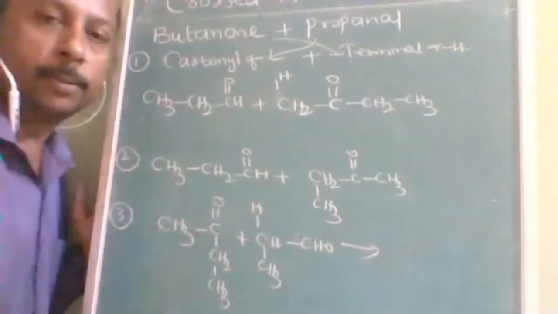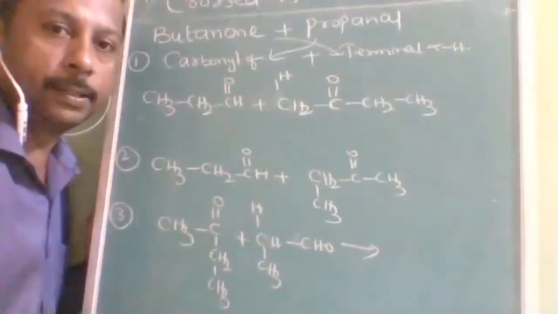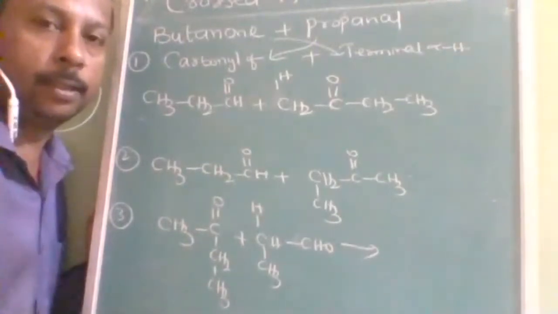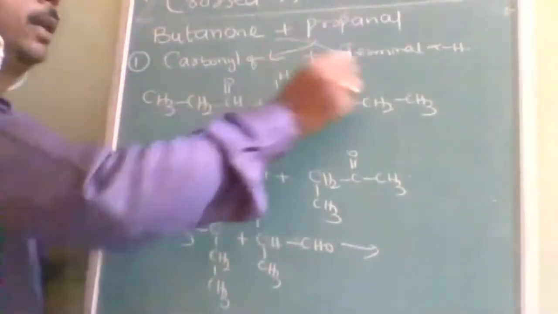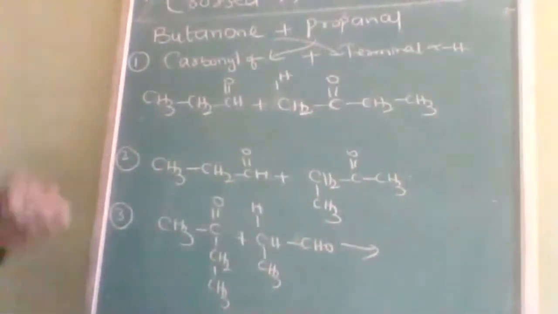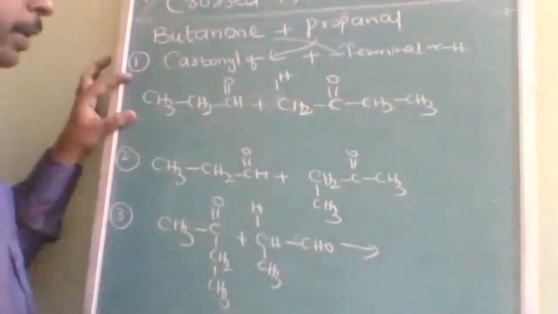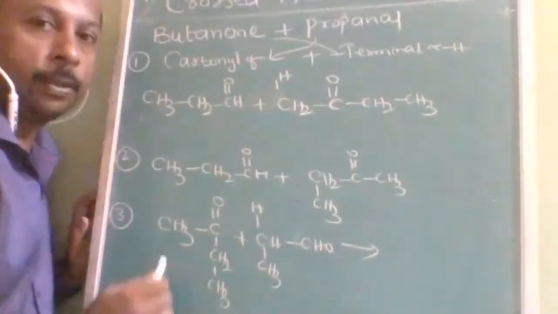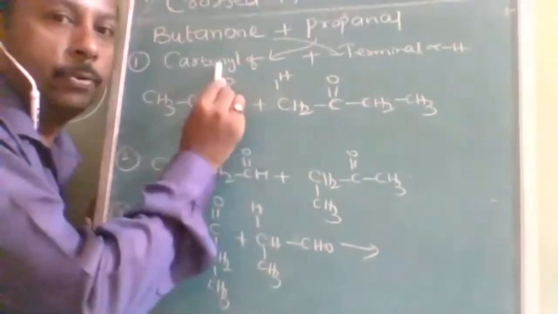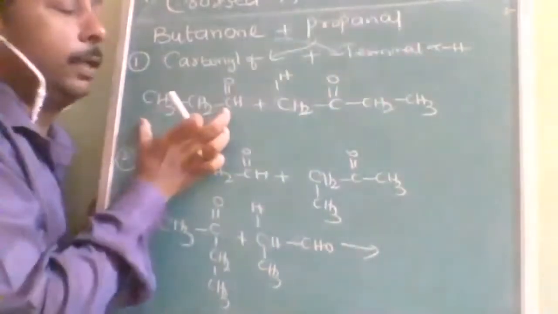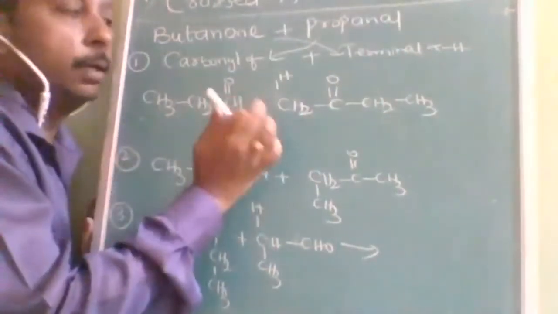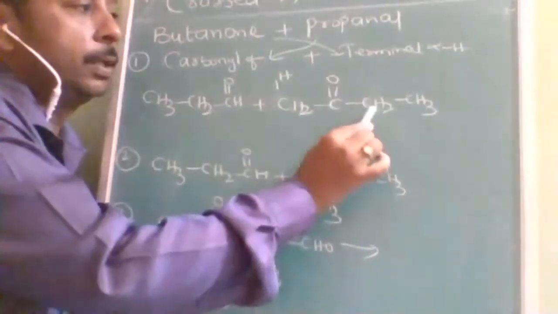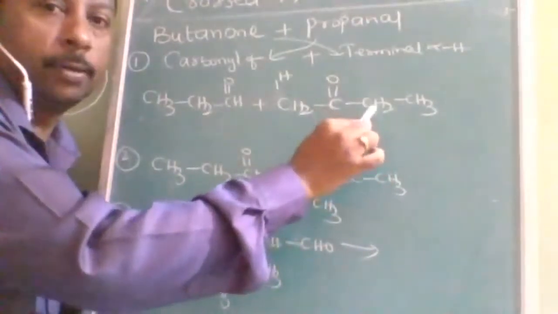Now I am explaining the crossed aldol condensation of butanone and propanal. One is aldehyde, another is ketone. Understood? So first I am explaining in detail so that the other two products you can write on your own. First I am using the carbonyl group of the aldehyde, and here two alpha hydrogens are possible, the terminal alpha hydrogen and the inner alpha hydrogen.